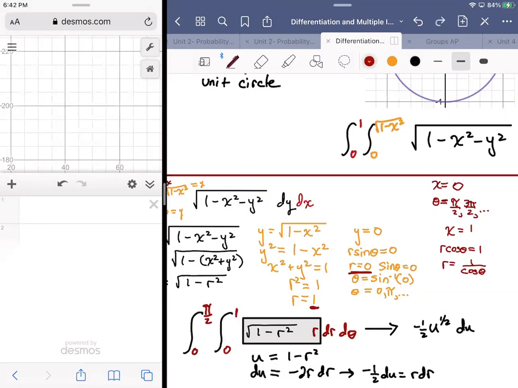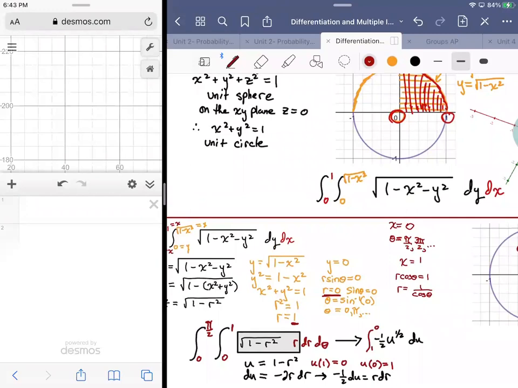So u of 1, u of 0 is 1. Okay, so it's going to reverse the bounds. And it's up to you if you want to keep them like that. You can put it in the calculator too. It actually works out.